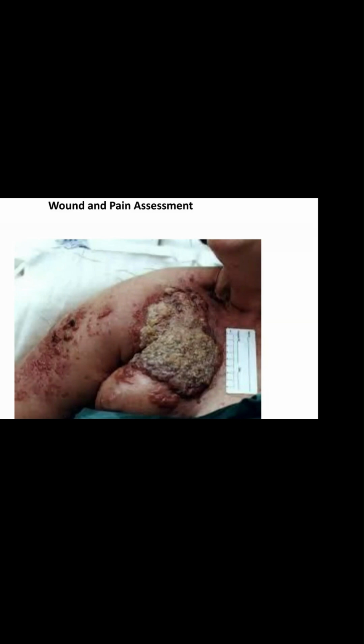I have told you the assessment: wound location, wound appearance, like that. No one is answering.